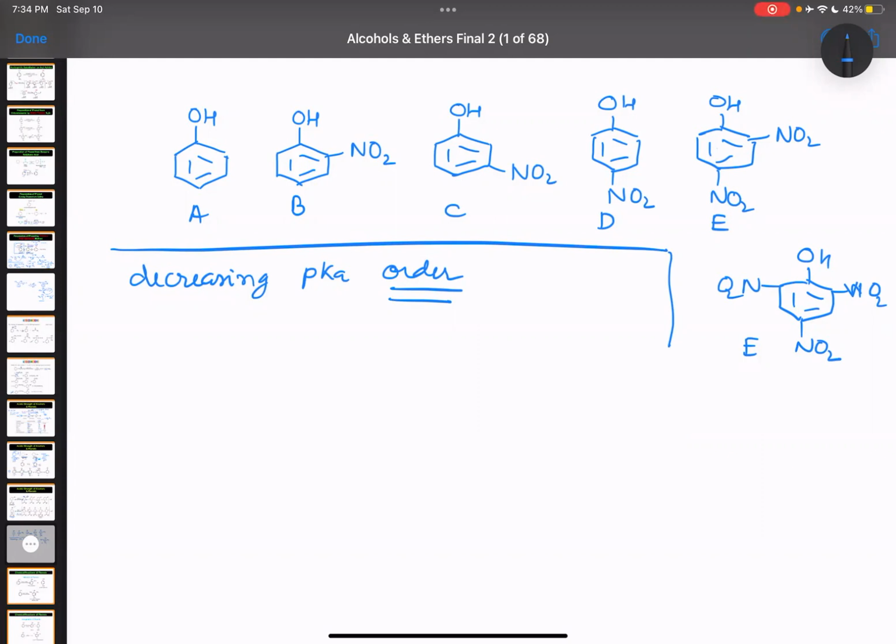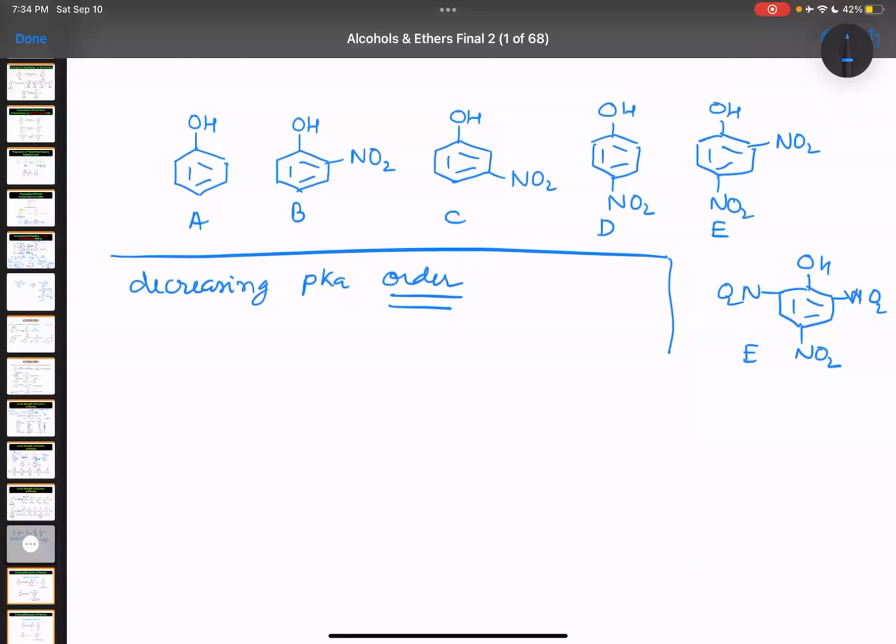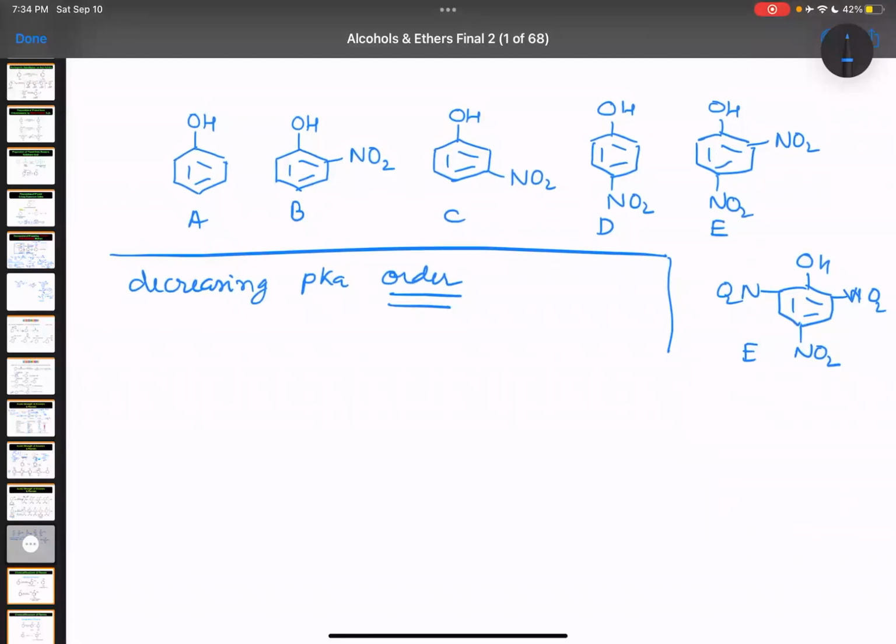That is clear. But the main thing I want to know is the acidic strength of B, C, and D. That is the most important part. So you can write the acidic strength first and then reverse it.